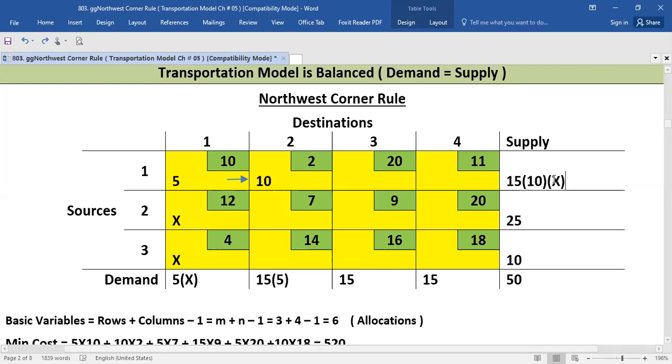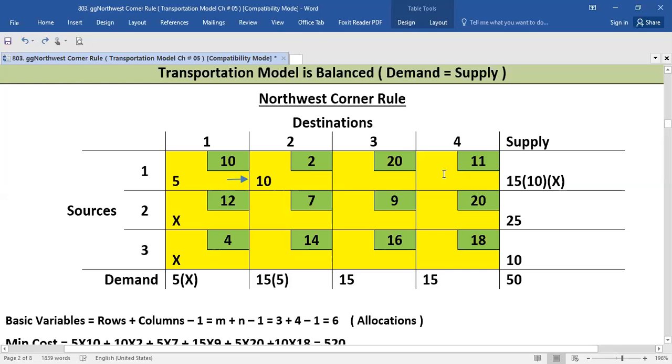So in my first allocation, I have told you, when you have a cross sign, either row side or column side, you will put cross signs in the blank cells. So you see here carefully that here we have a cross sign, and in this row you have 2 more blank cells.